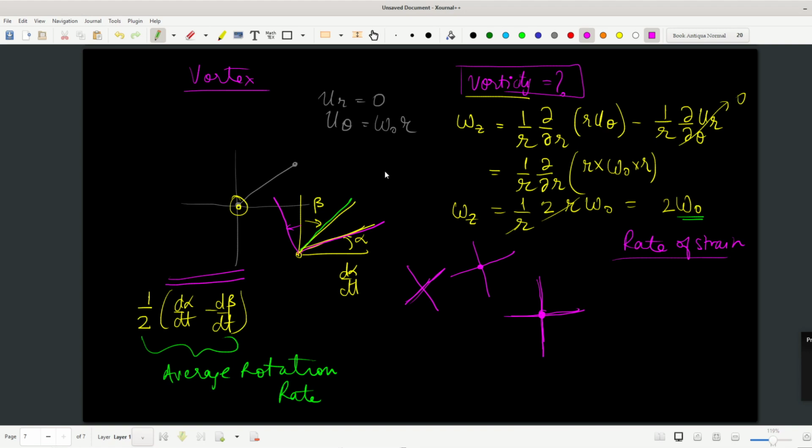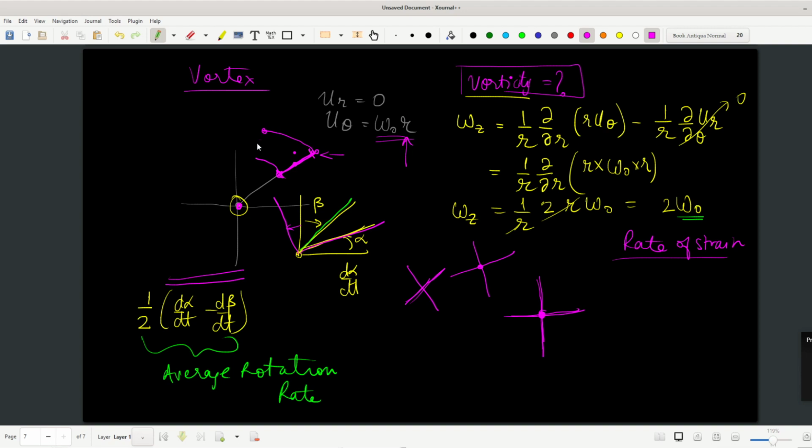But so what? How do we visualize this? We go to the same MATLAB script. But before even doing that, you can sort of get an idea. Okay, if we have this as the vortex, and we take a line segment like this, omega r, so the rotation rate of this particular point will be larger because it's located at a larger distance.